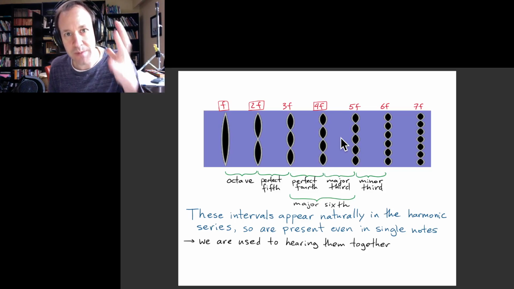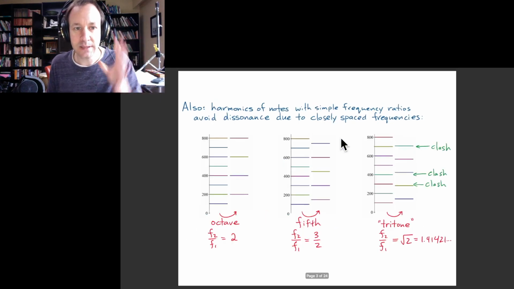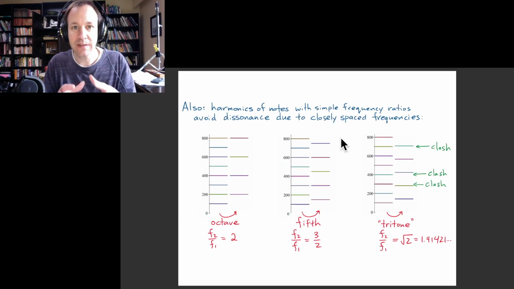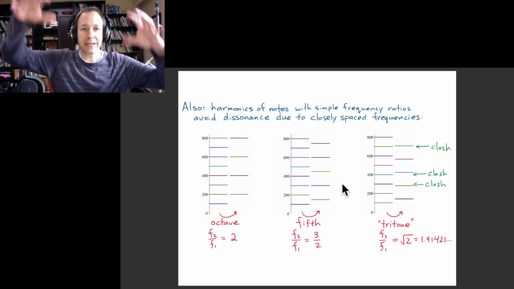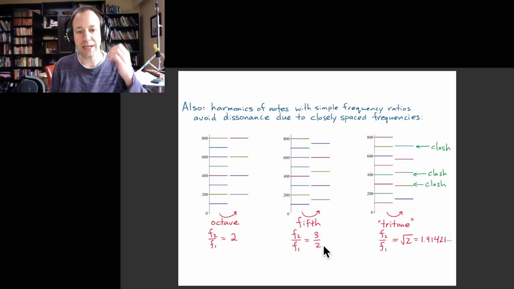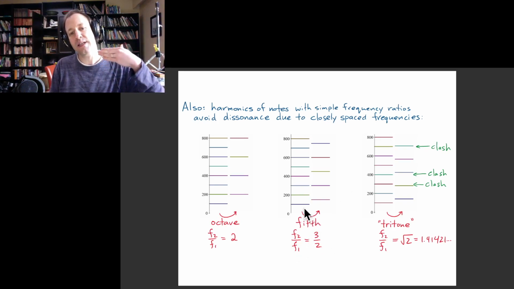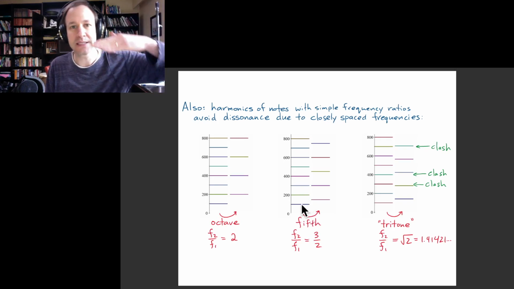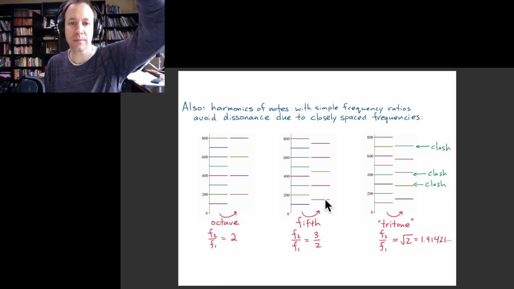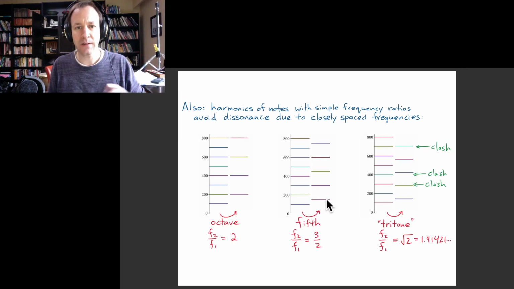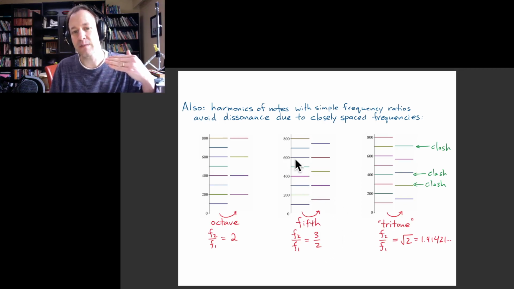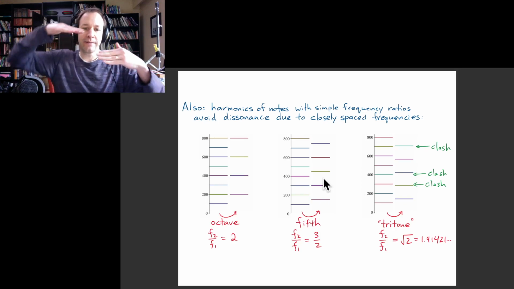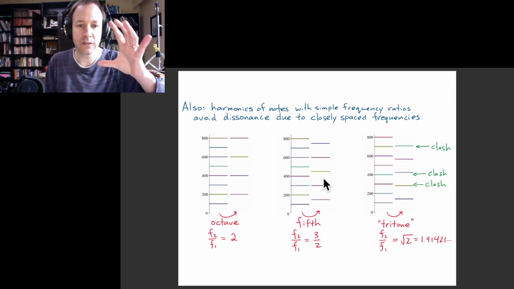And maybe another reason why these notes with simple frequency ratios sound good together is that, if you think about notes that are not pure tones, say a fifth, and you think of all of the harmonics present in the bottom note and all of the harmonics present in the top note, then for simple ratios like 3/2, the harmonics either line up perfectly with each other or they fall right in the middle of two other harmonics.